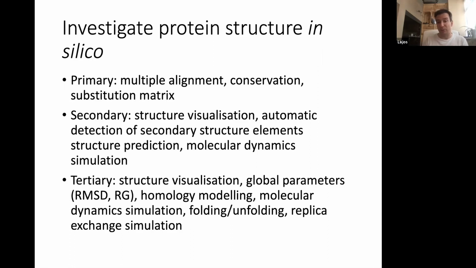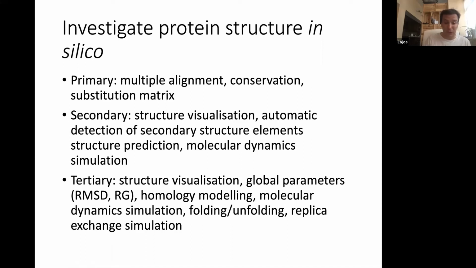So if you, for example, compare two domains from two different organisms, or if you are comparing your wild type and mutated domain, then you can check RMSD and RG. RMSD is a kind of average square root distance between the atoms.